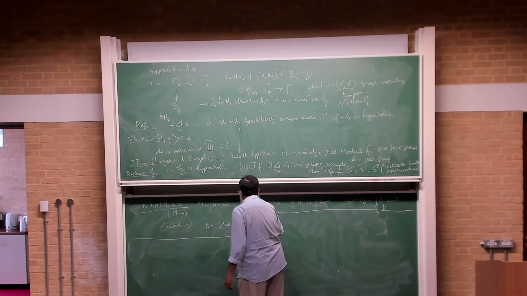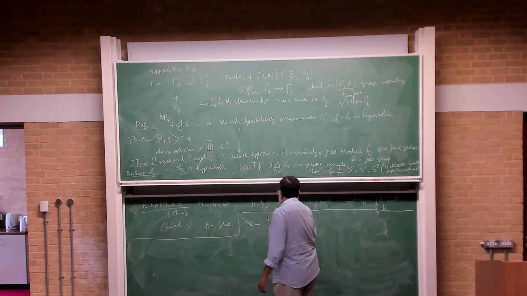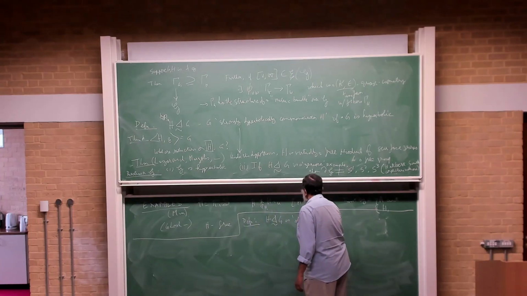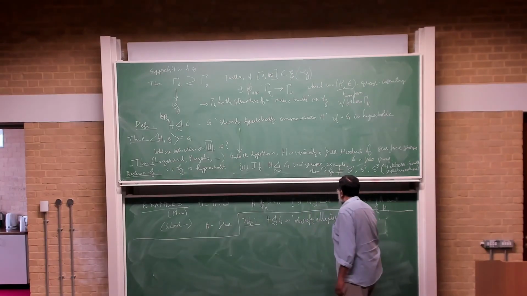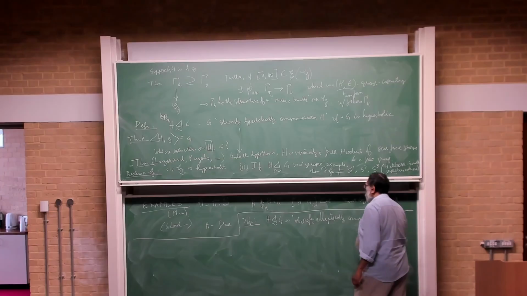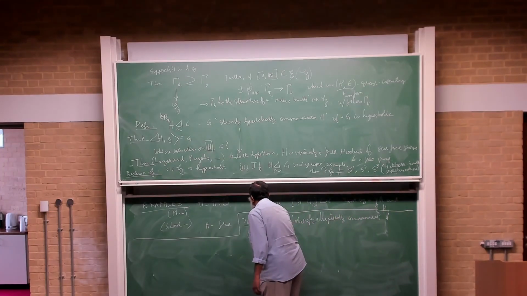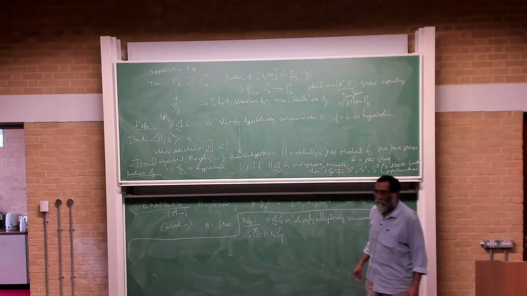Definition: G, H. G is, again, this is non-standard, strongly elliptically commensurated if G is quasi-isometric to H with the base graph.